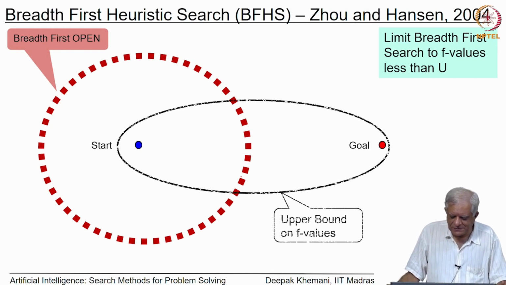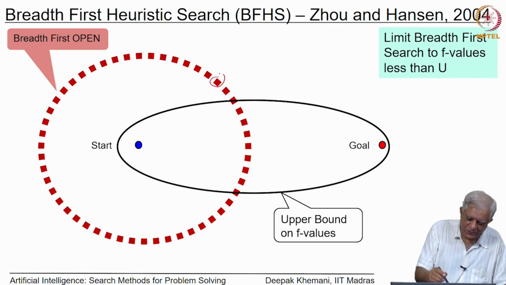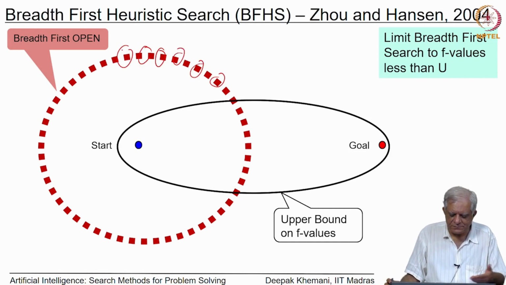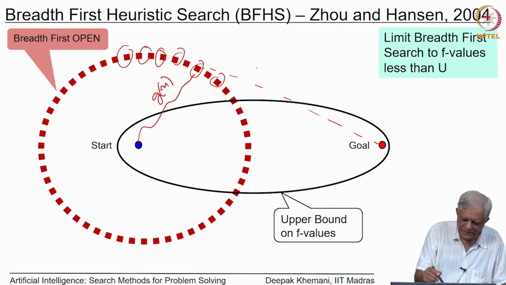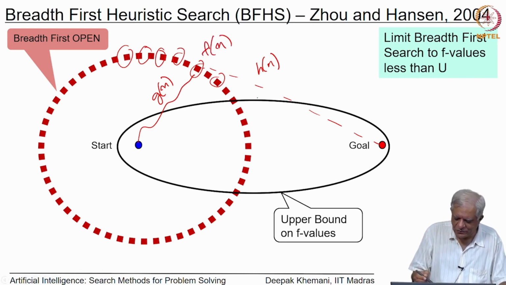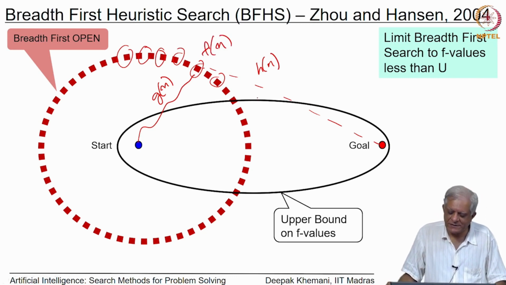And so, this was the boundary within which we were confined to stay, and there is no point looking at all these nodes which are outside, because if you consider the path to any one of them and the path from there to the goal, this is some g of n and this is h of n, and the sum is f of n, and this f of n is more than u. So, no point exploring such nodes.